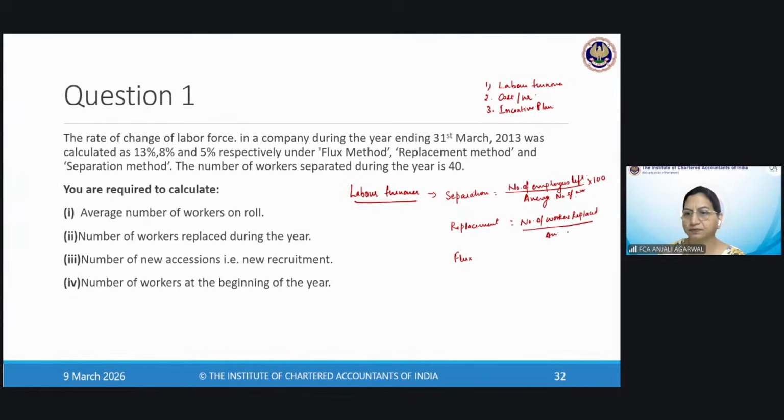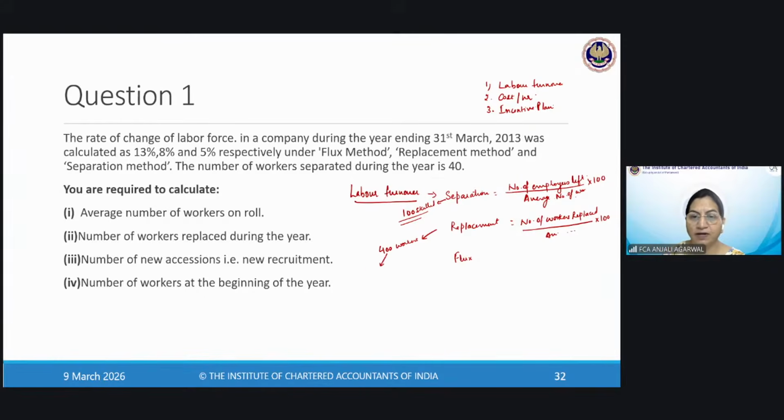So if I had 100 skilled workers who left the organization in the period, and I had to hire another 400 workers to replace these 100 skilled workers because now I was getting unskilled workers, replacement would be 400 divided by average workers.